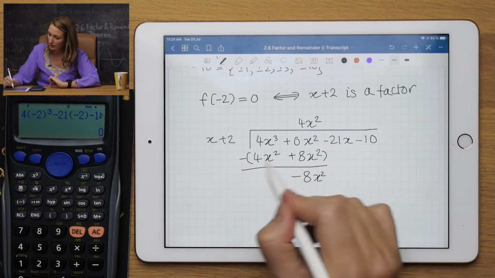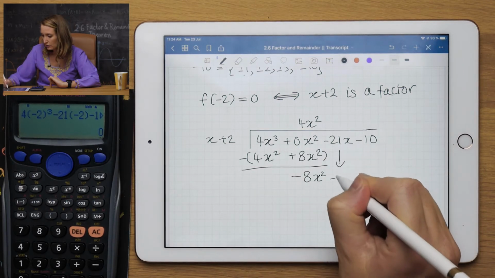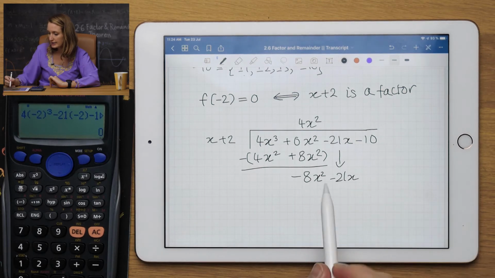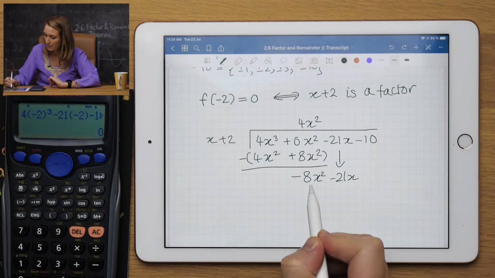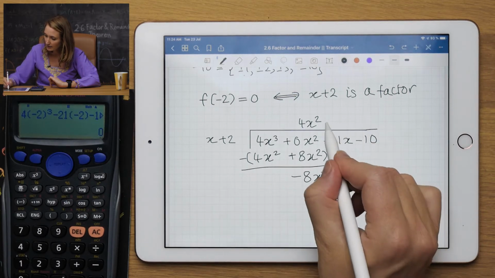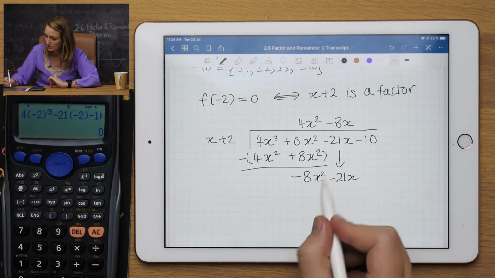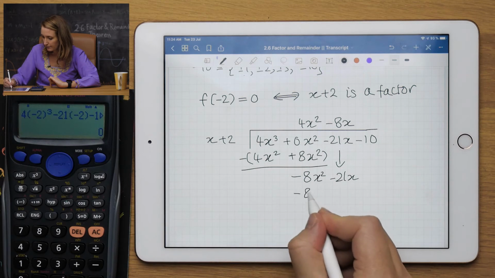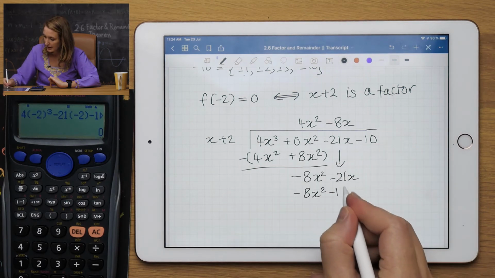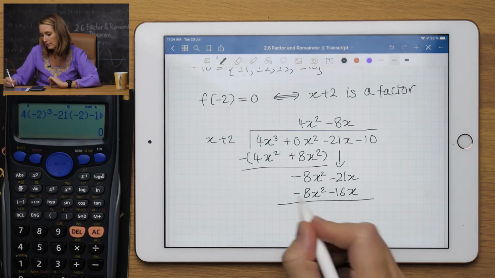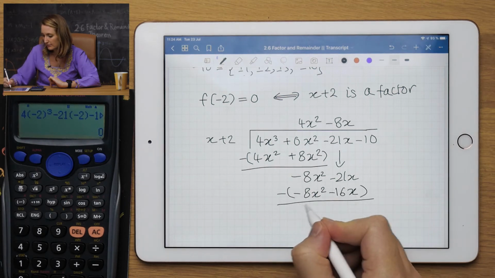Okay, 0x squared minus 8x squared. Drag down the minus 21x. Let's divide to see the next term in the quotient. Minus 8x squared divided by x is minus 8x. Multiply. Minus 16x. Let's subtract, that would be 0.